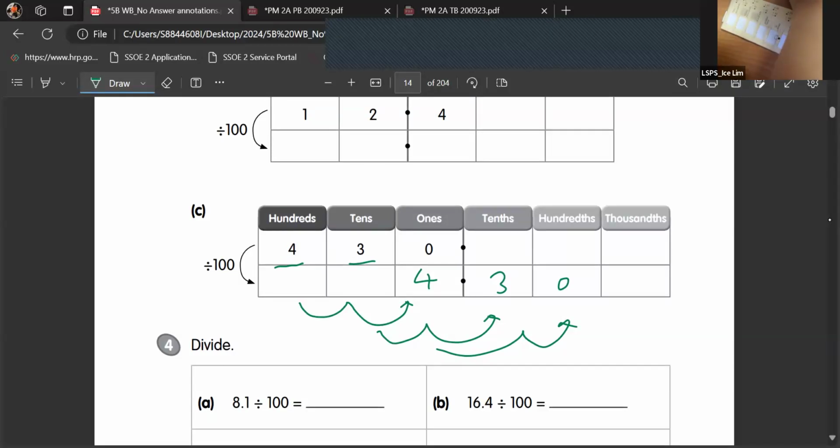Then the shortcut is the same idea. So I have 430, and I bring the decimal point to here.